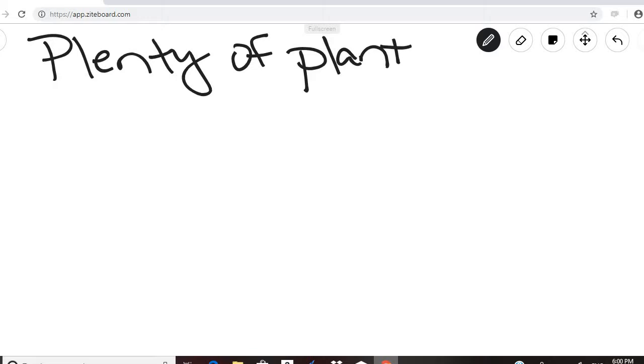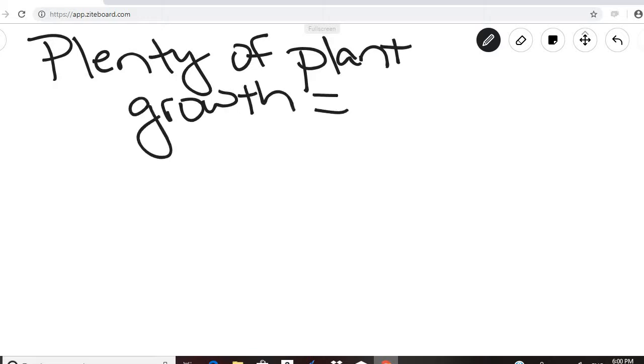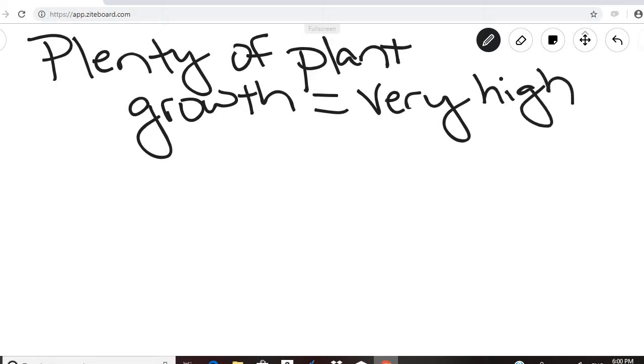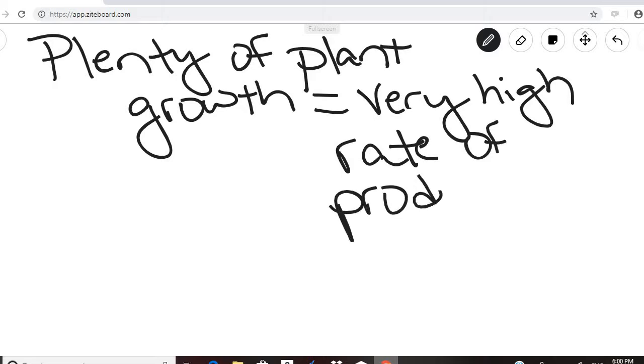And therefore, there's a very high rate of producers. Those plants are making oxygen, and there's a lot of them in this area.